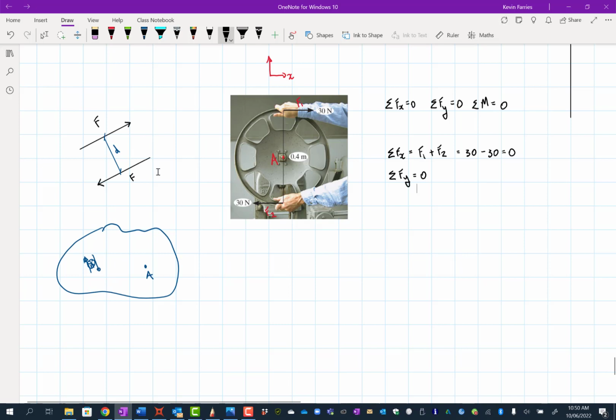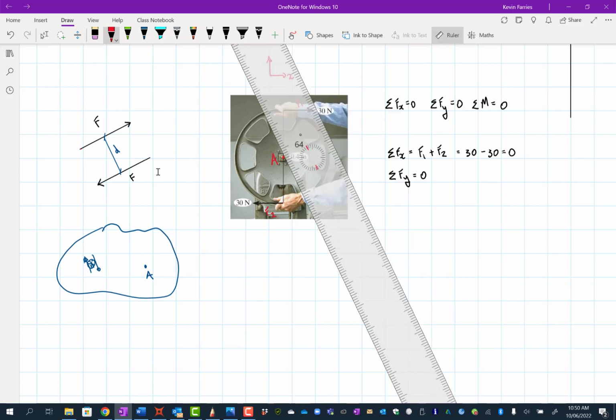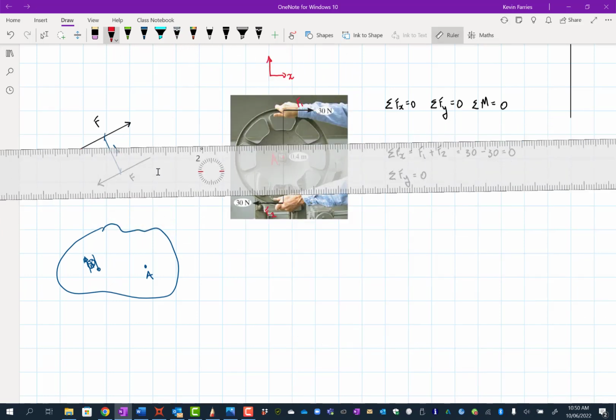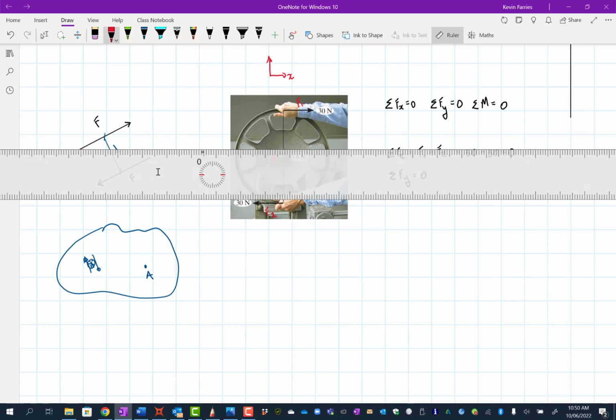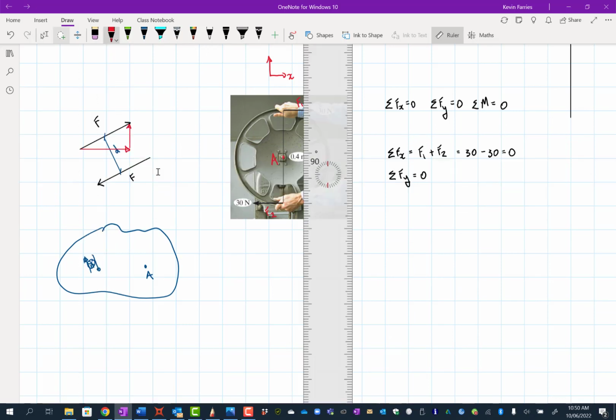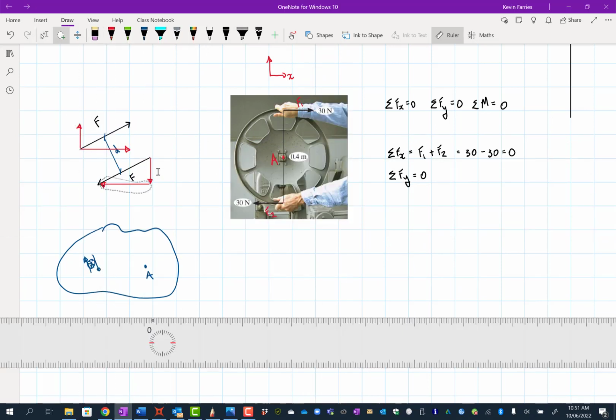Now if you consider this one over here, I'm just going to draw on the x and y components and then I'll come back. And so we've got the x and y components.